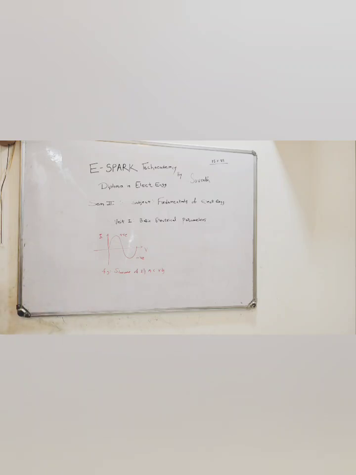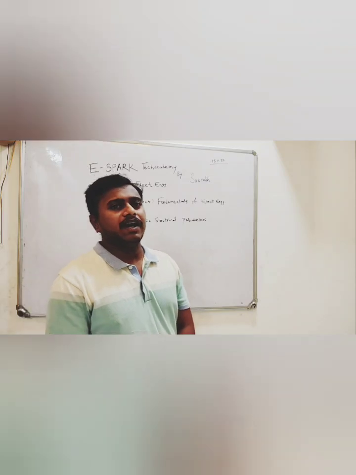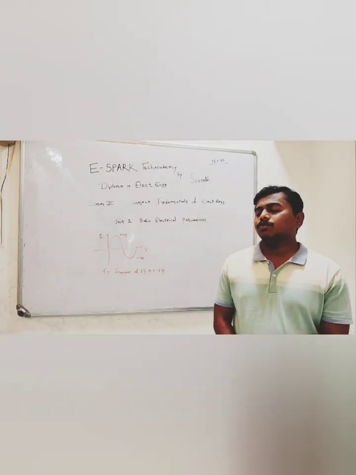Now you will go through voltage source. What is a voltage source? A voltage source is a device that provides constant voltage. As mentioned in your syllabus, voltage sources are of two types: ideal voltage source and practical voltage source.